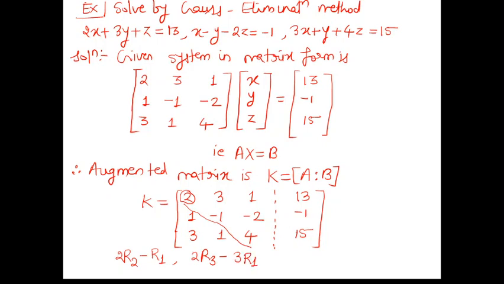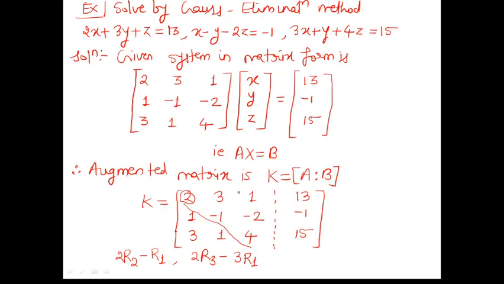Operating this, this K becomes, my first row remains unchanged, that is 2 3 1, and let's see what are the changes in the second and third row with the help of the operations so defined. It is 2 minus 2 is 0, then multiplying with 2 and minus this, 3 minus 5 gives minus 2 minus 3, minus 5, and then again this is getting multiplied with 2, so minus 4 minus 1 is minus 5.